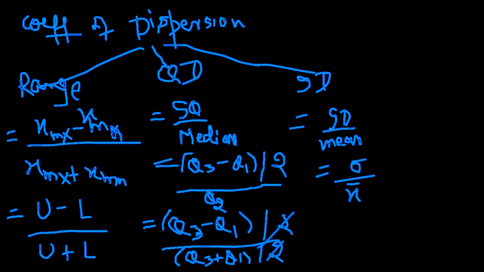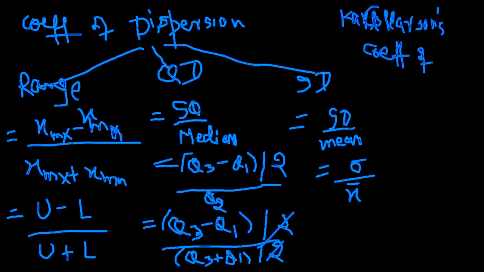Alright. Now another term is very important, that is the Karl Pearson coefficient, named after the mathematician. This also you must have heard somewhere. Karl Pearson's coefficient of variation.